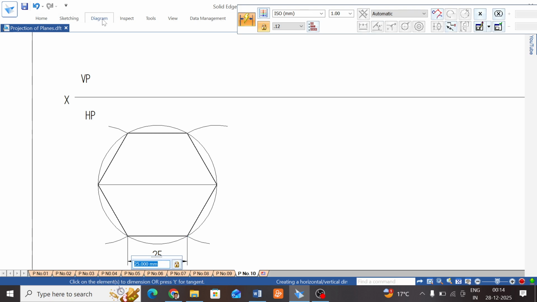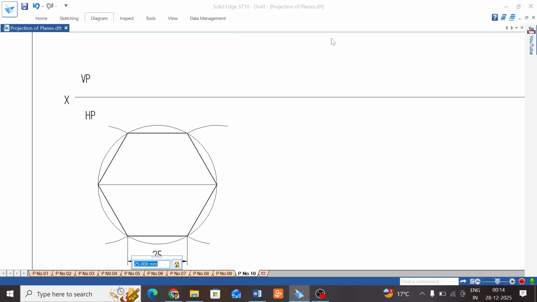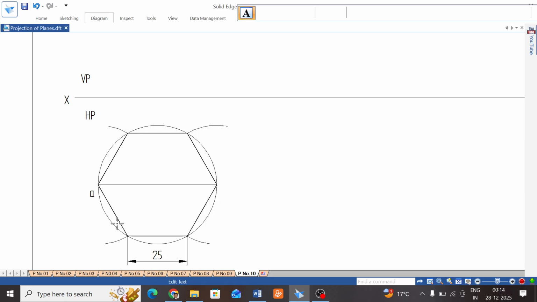And next, name those six corners with small letters a, b, c, d, e, f. We have to name those in the top view.